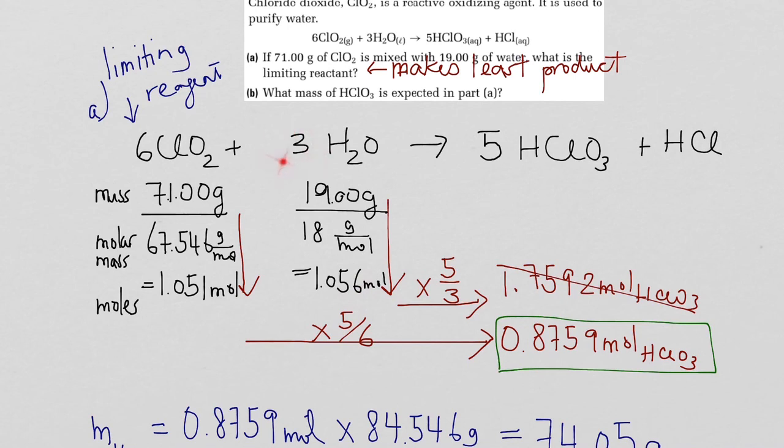You only need 3 water for every 6 chlorine dioxide. So even if you have the same amount of moles, it doesn't mean that each of them will allow you to make the same amount of product. So in this case, you have very similar amounts of moles, but one of them allows you to make way less product than the other one.